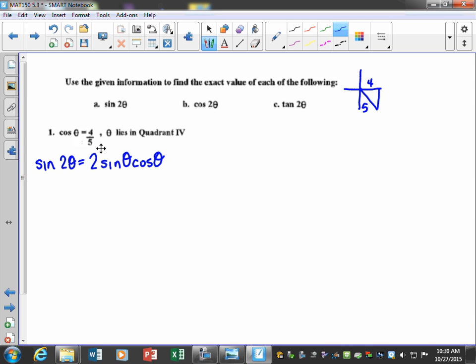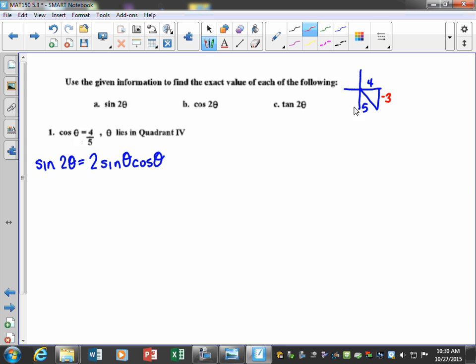So how do we find out this missing side? Yeah, we can use the Pythagorean theorem. The hypotenuse is 5, this is 4, so we will find out that this is 3, but if it's going down, what do we need to apply because it's in quadrant 4? Yeah, so that one's going to be -3.